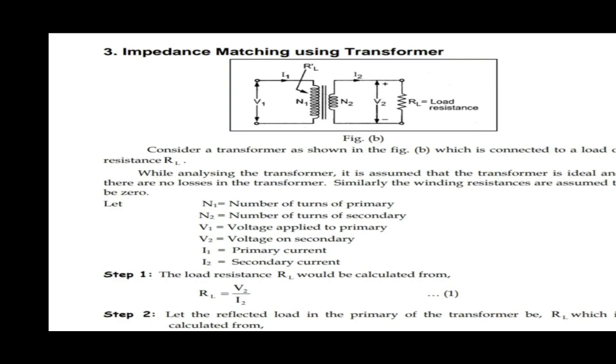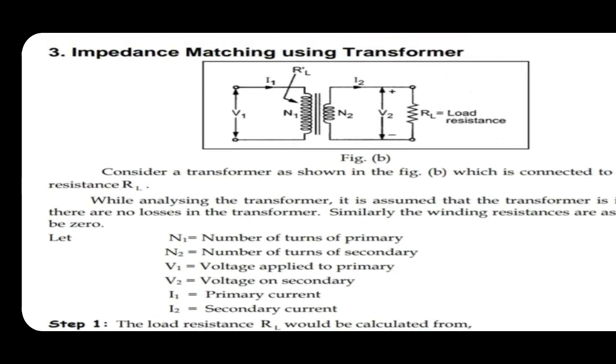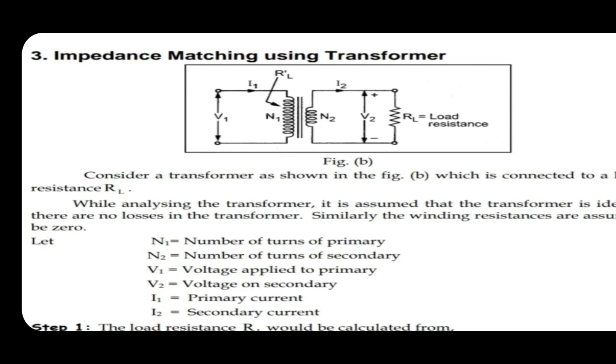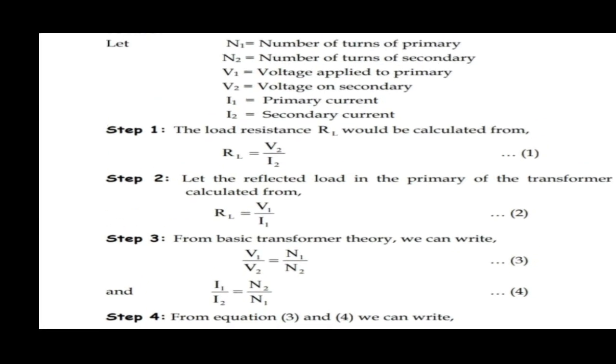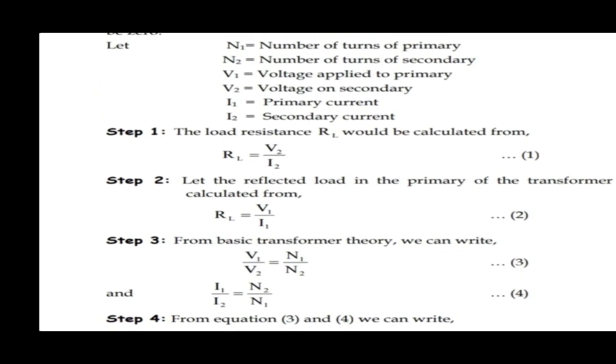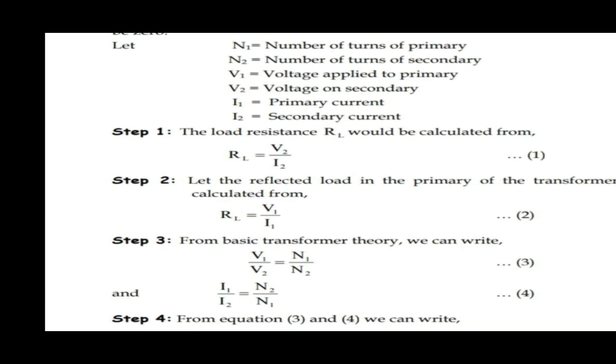This is the transformer circuit. V1 and V2 are the voltages, RL is the load resistance, and RL dash is the resistance in the primary winding.